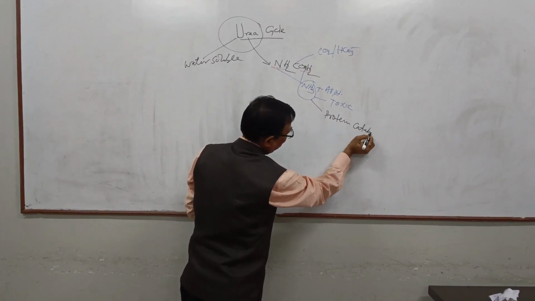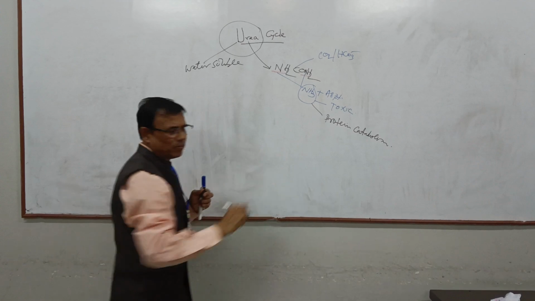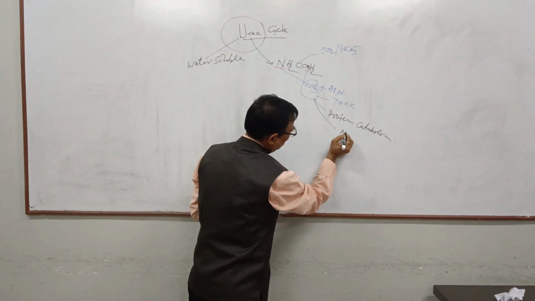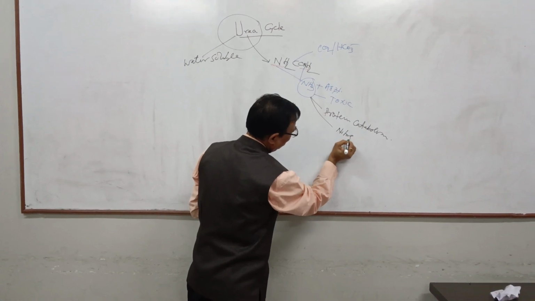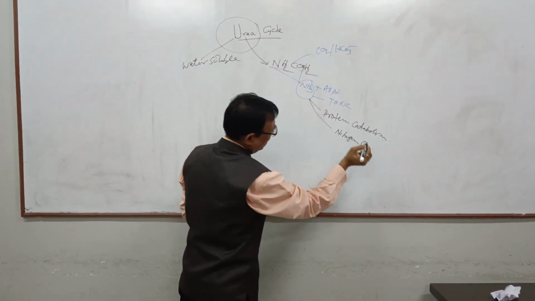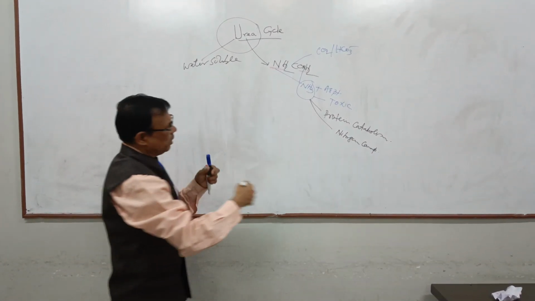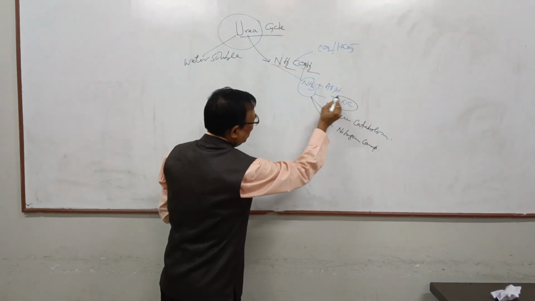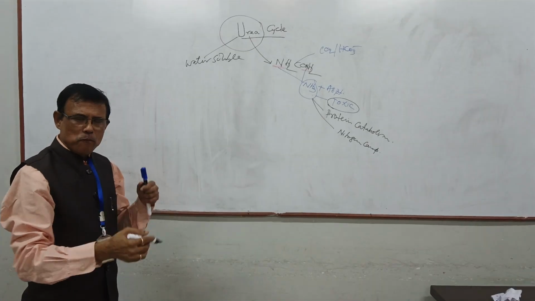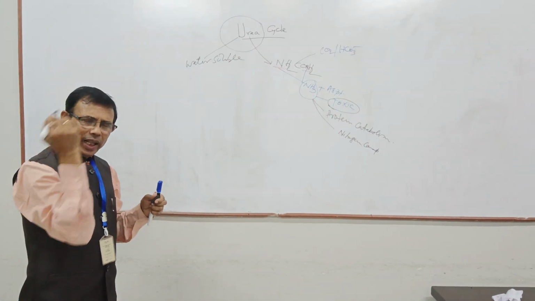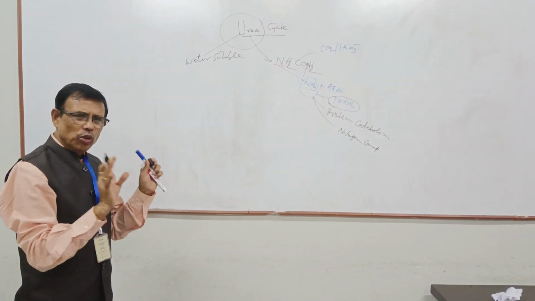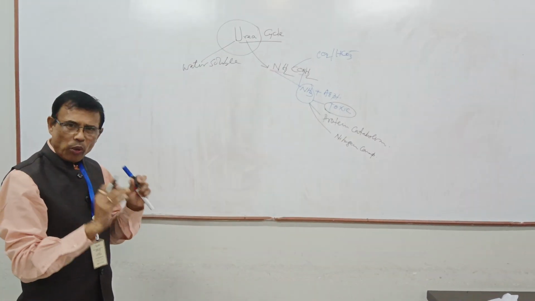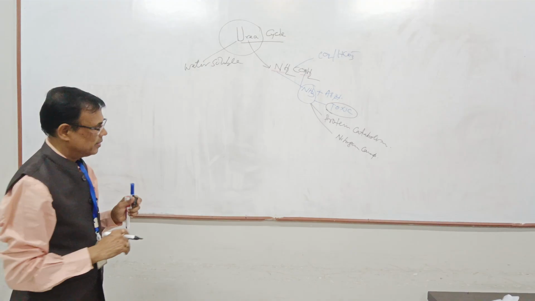Any nitrogen compound, after metabolism, also generates ammonia. Ammonia is a toxin, and it can easily enter the brain and have effects there. So to avoid this nuisance, you need to detoxify it.